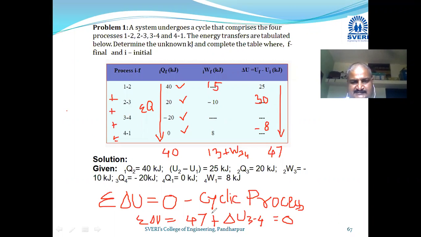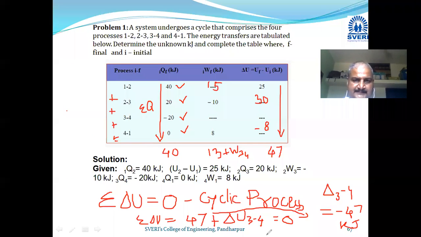In this case, the plus 47 will go to the RHS. And what will be your delta U 3 to 4? It will be equal to minus 47 kilojoule.